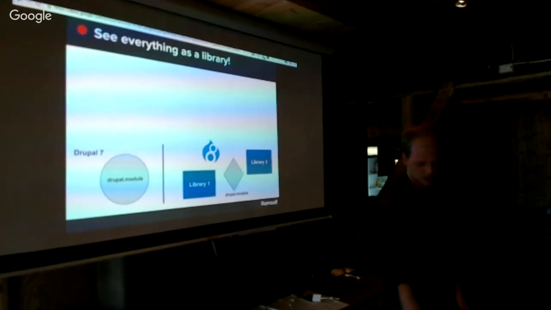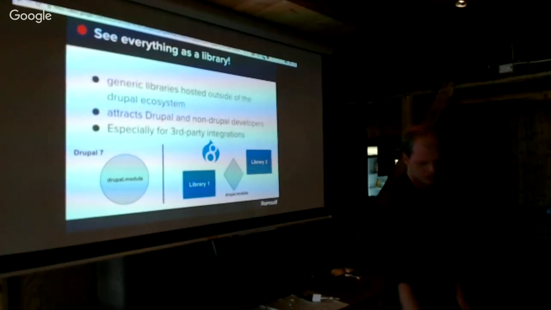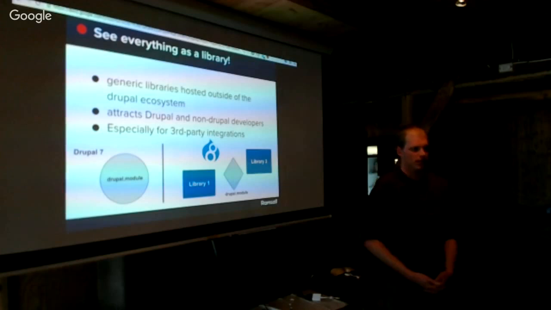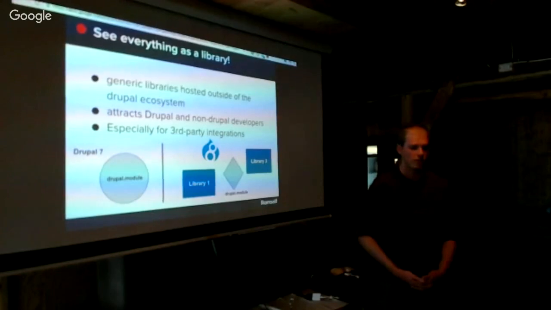So with the move of Drupal 8 to being 100% OOP, and with the adoption of Symfony, Drupal opens really wide to the big PHP community. It opens its own ecosystem, but it's also able to interact with other ecosystems in the PHP world.